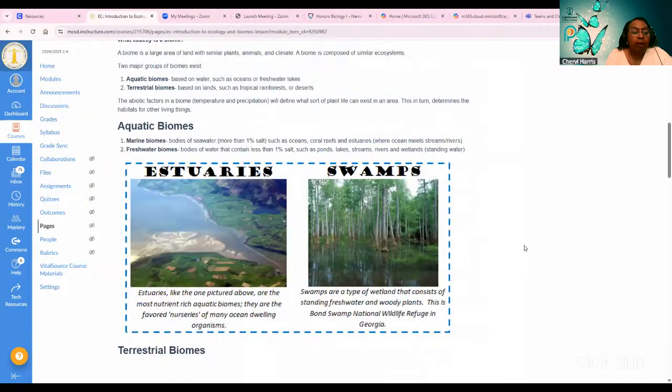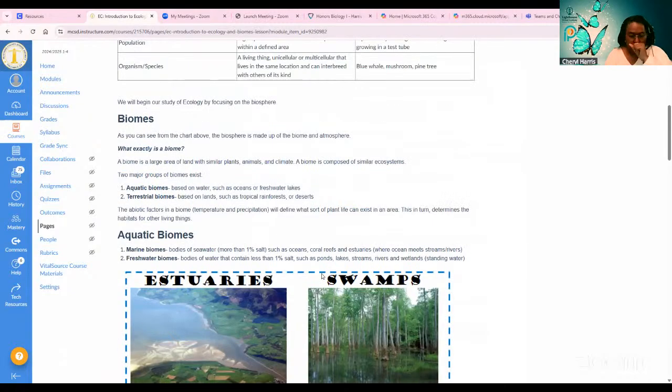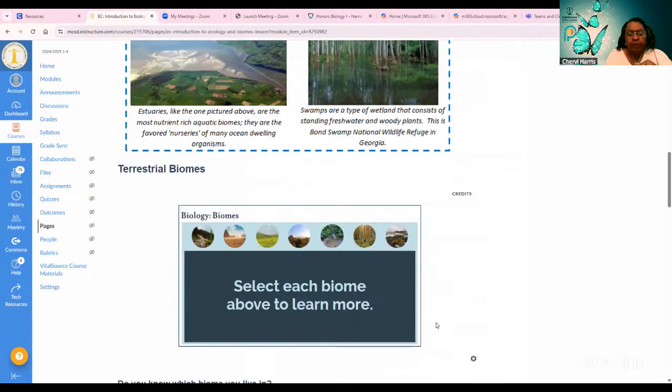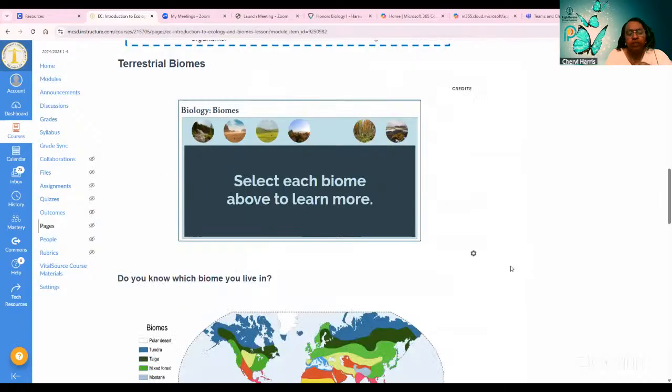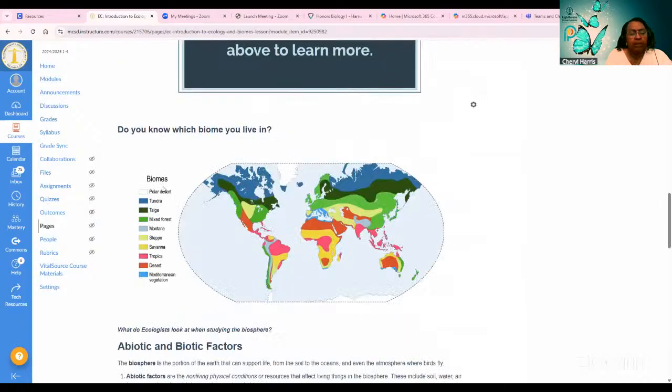In our biosphere, we have things called biomes, and there are different types of biomes. I'm going to give you a chart for this, but this map is what you need to know about where the different biomes are. These are the different types of biomes, and it's a color-coded map, so it's easy to know where you have your warm biomes and your cold biomes.